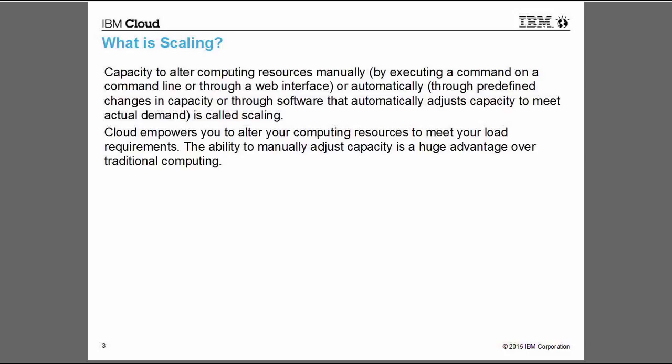The ability to manually adjust capacity is a huge advantage over traditional computing. But the real power of scaling in the cloud lies in dynamic scaling, which is also called auto scale or automatic scaling. Another core objective of cloud computing is inherent elasticity.